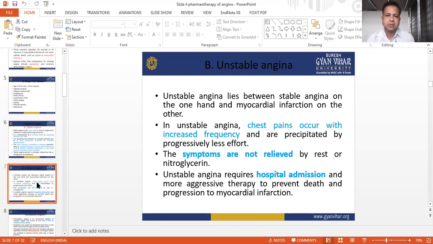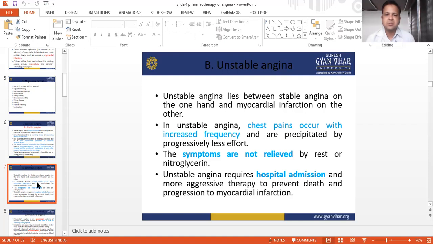Unstable angina. Unstable angina lies between stable angina on the one hand and myocardial infarction on the other hand. In unstable angina, chest pain occurs with increased frequency and is precipitated by progressively less effort.